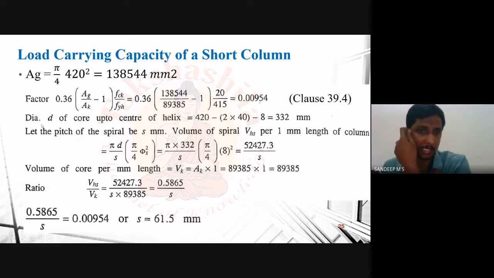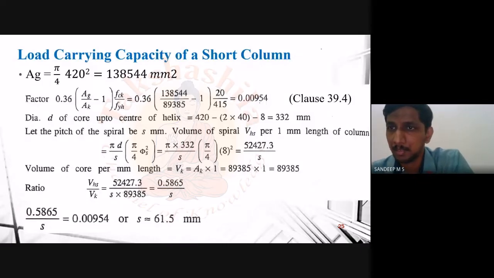Now what I am doing is that I have to calculate the volume of my tie as well as the volume of my core concrete. Please focus here, there can be some sort of confusion. Diameter D of the core up to the center of the helix. Earlier we have drawn a diagram.